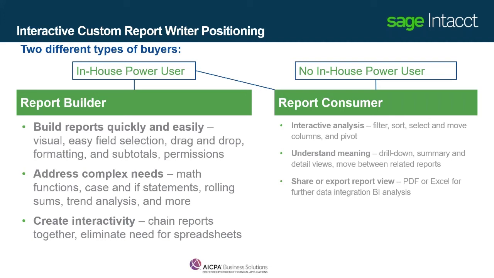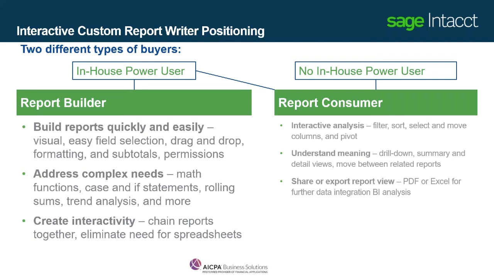So it's really a great win, if you will, because you still get the benefits of having the reporting that you need, and you can do that as a consumer. Now, there's a different price point for the builder versus the consumer.